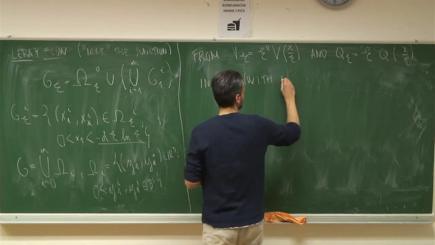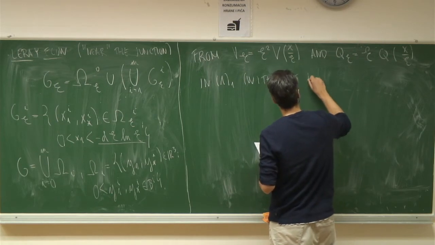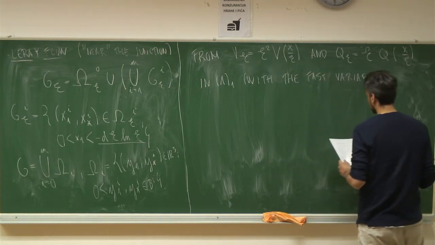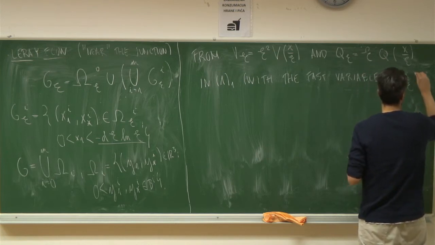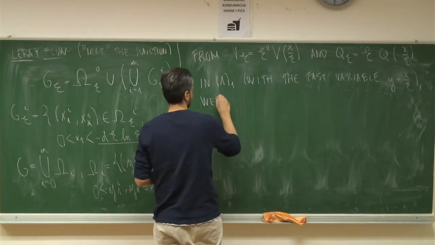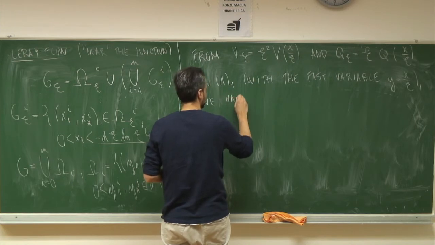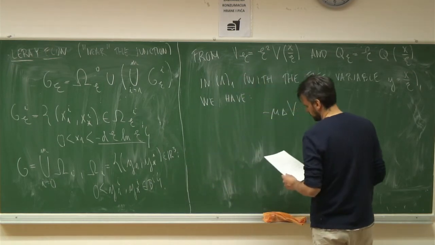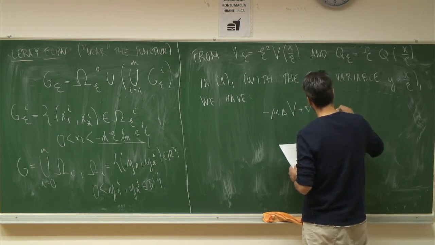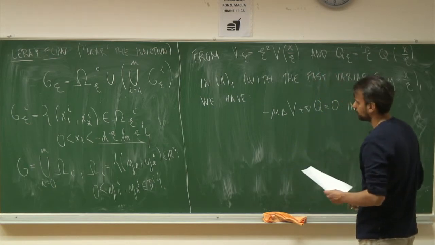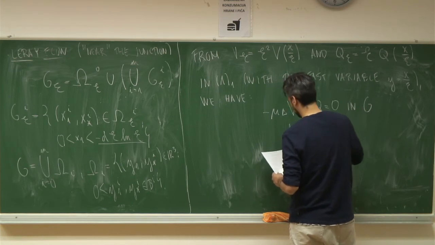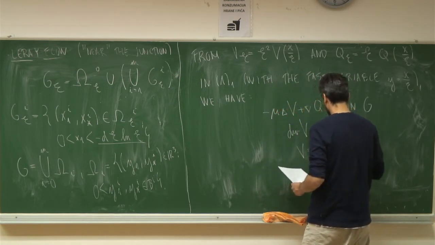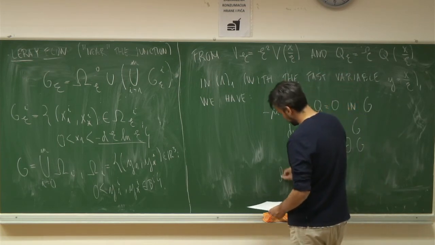So this is with the first variable. We have the following: minus Laplace V plus gradient Q is equal to 0 in this G. And then divergence of V is equal to 0 in G. V is equal to 0 on the border of G, and you have this asymptotic condition.